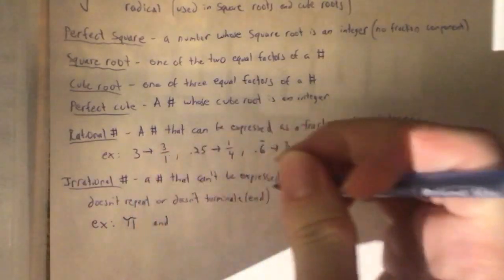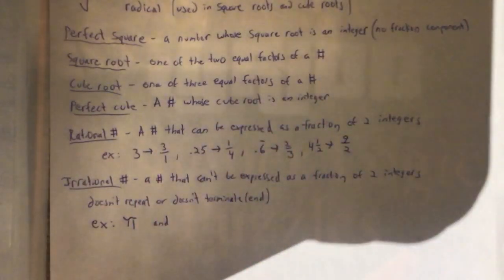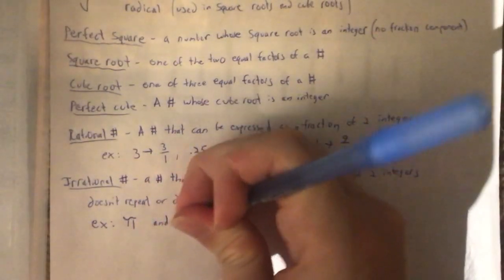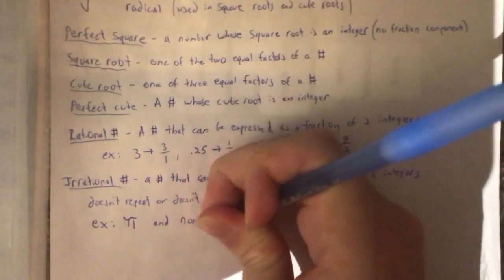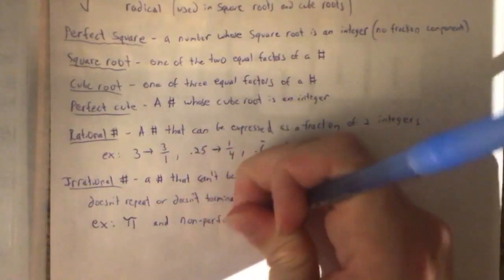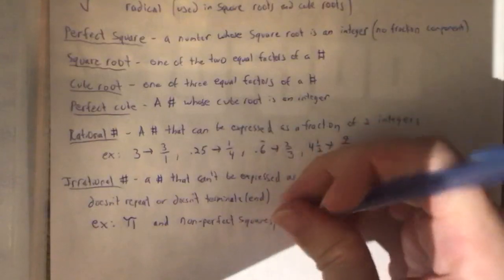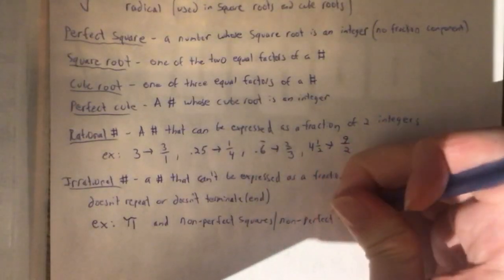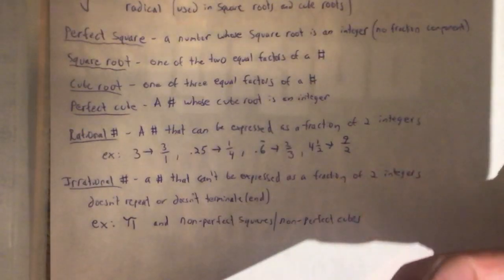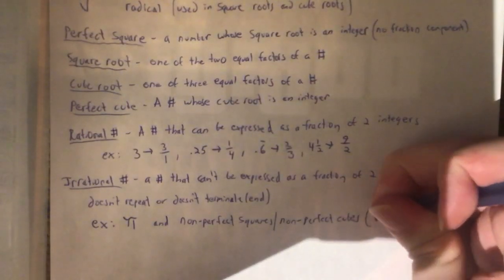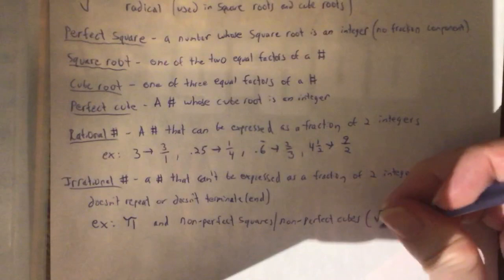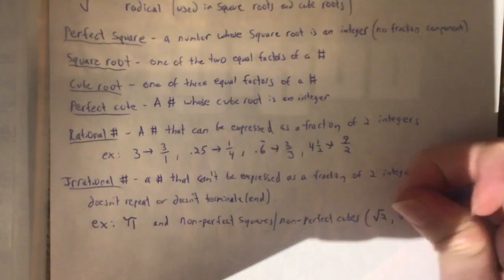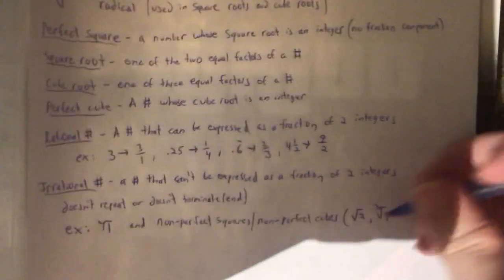And the other types of irrational numbers you'll see are non-perfect squares and non-perfect cubes. This would be, for example, the square root of 2 or the cube root of, say, 7.